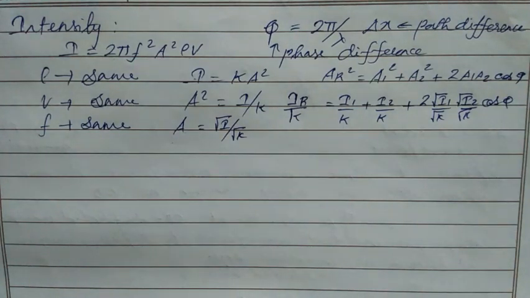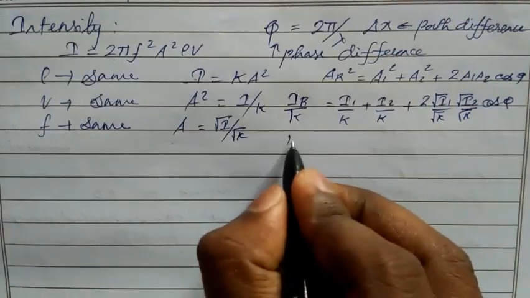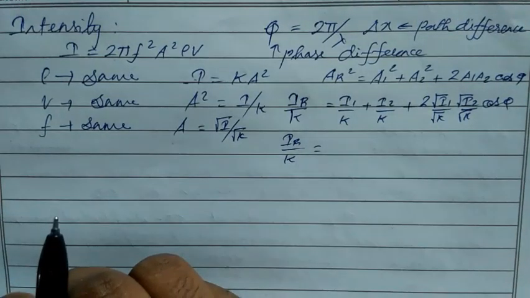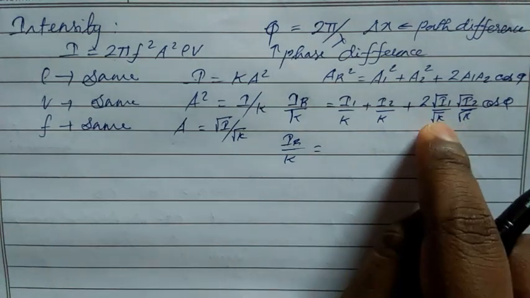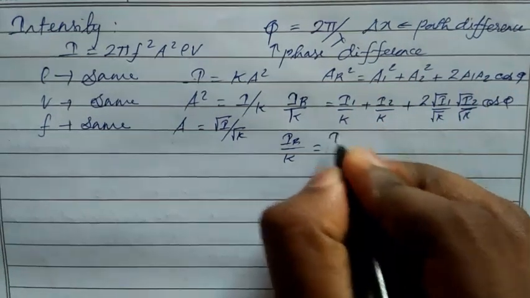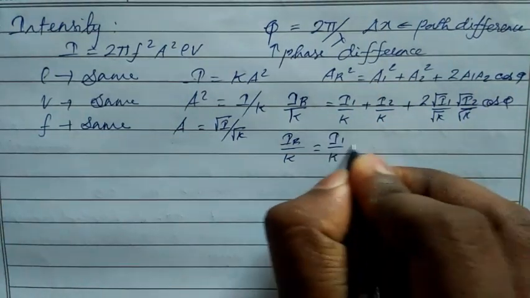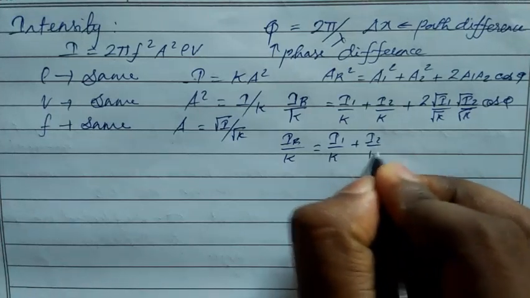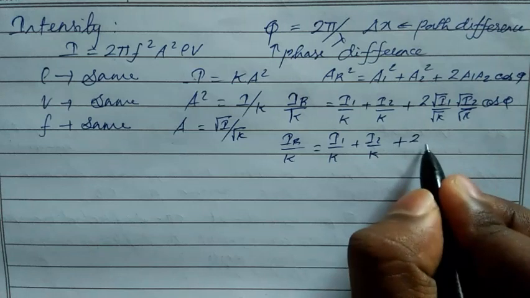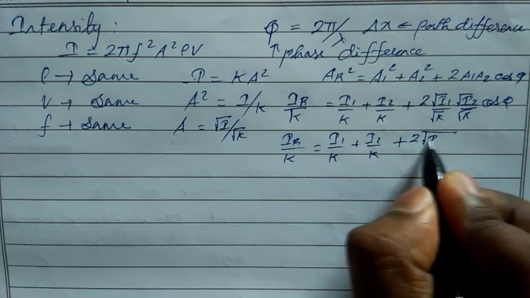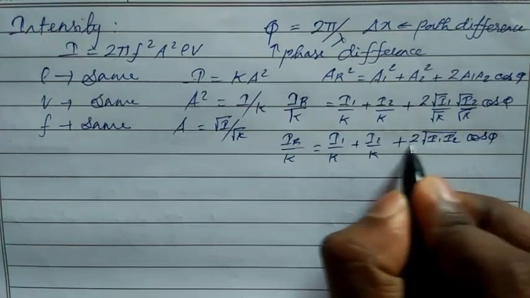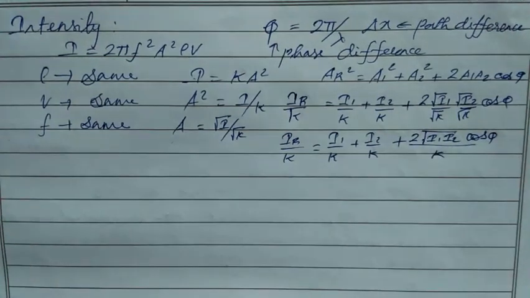Further we can write this equation: I R by k equal to I1 by k plus I2 by k plus 2 root I1 I2 cos phi divided by k, since root k into root k becomes k.